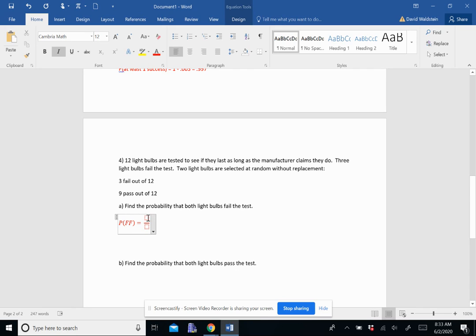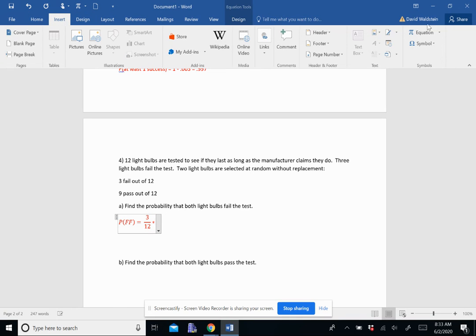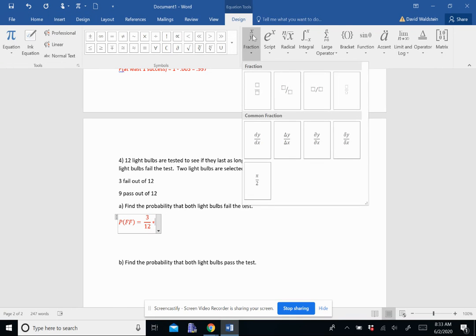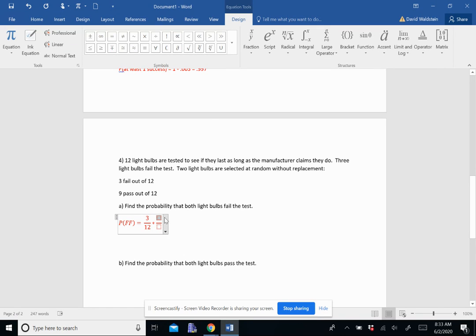Probability of fail, fail. 3 out of 12 that the first one fails times, now notice if they both fail, then there's only 2 that fail left, and there's only 11 total left.